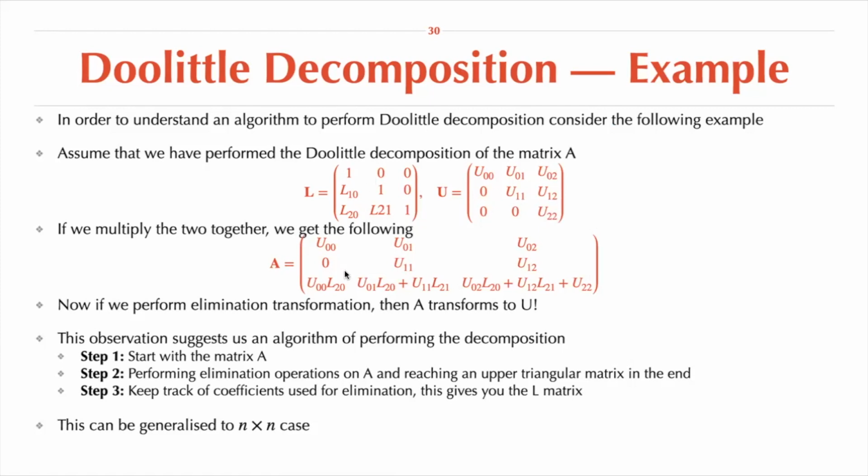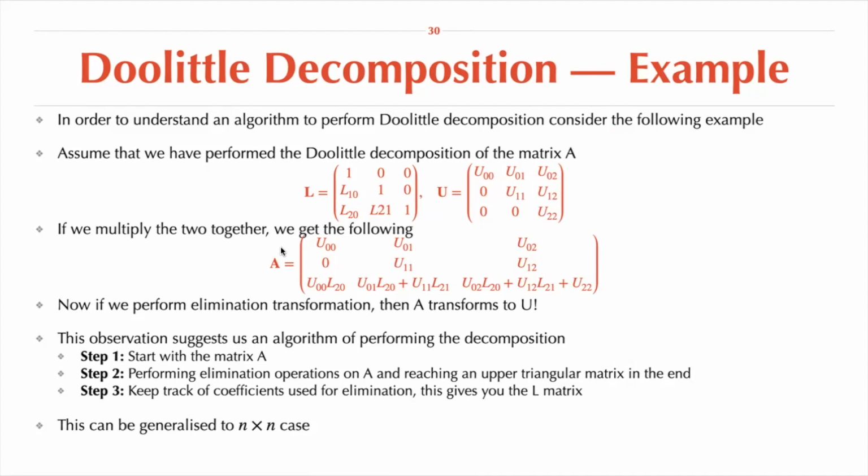If you multiply these together you will get this matrix. Now if we perform the elimination as we did in the case of Gauss elimination, then this matrix becomes this. And the coefficients lambda that you will use for making this transformation are actually these coefficients.